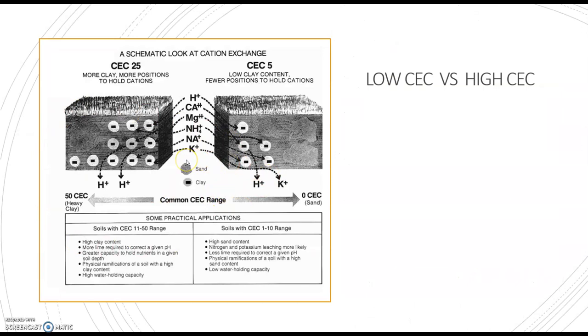Okay, this is another comparison of low CEC and high CEC. If you see on your screen, towards the right is 50 CEC, heavy clay, while towards the left-hand side is 0 CEC. They compare mineral soils, a soil with heavy clay compared with sand.